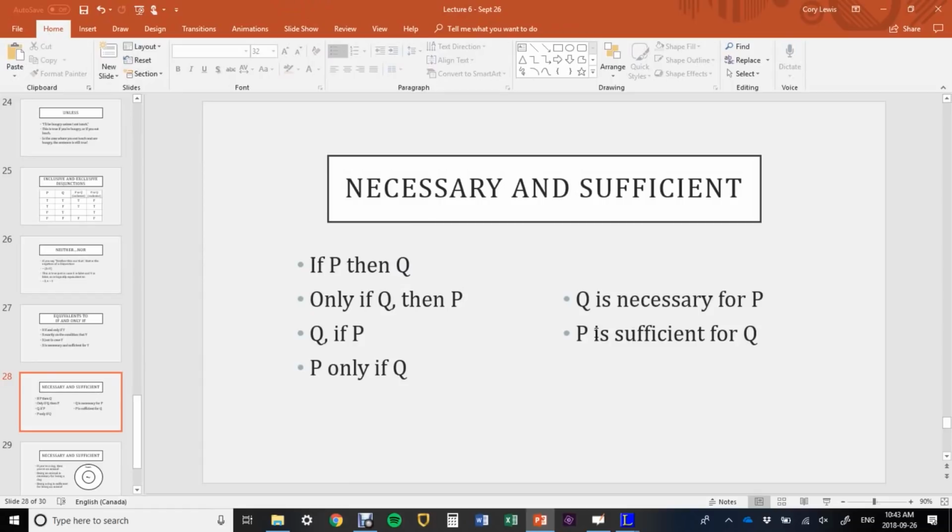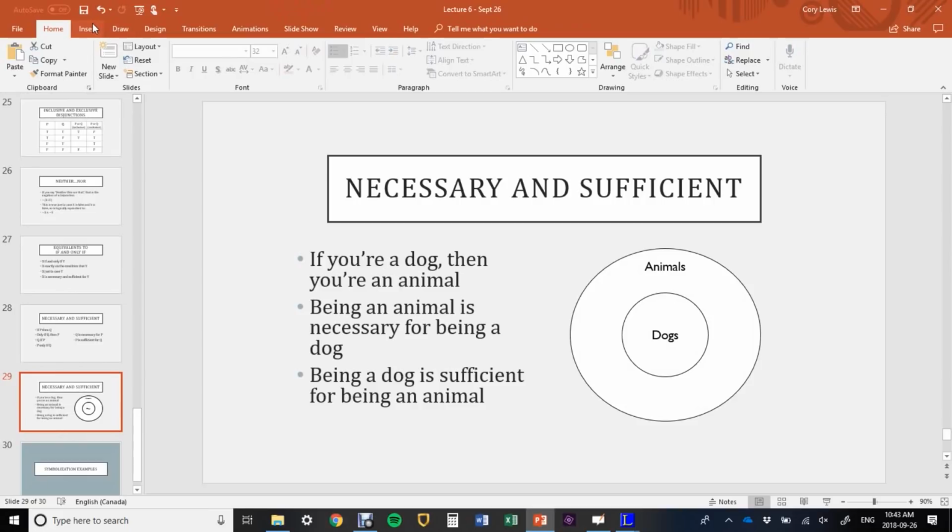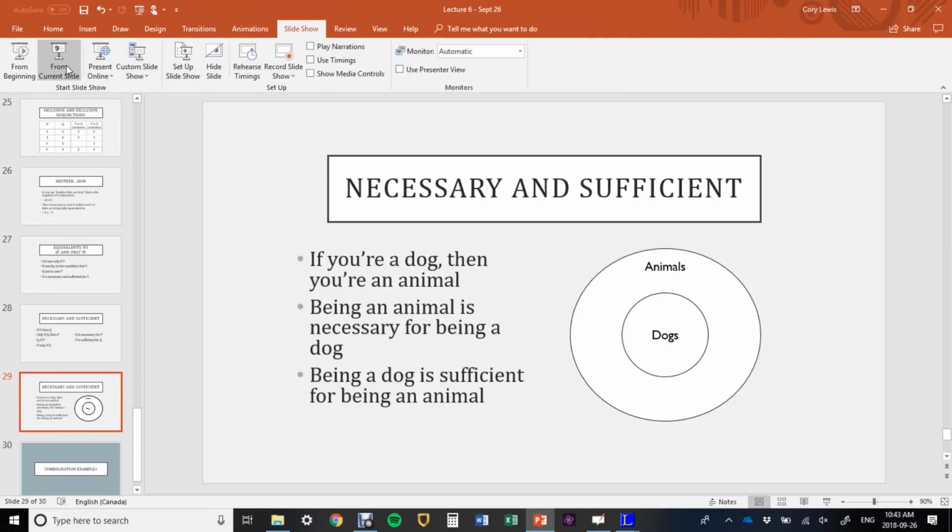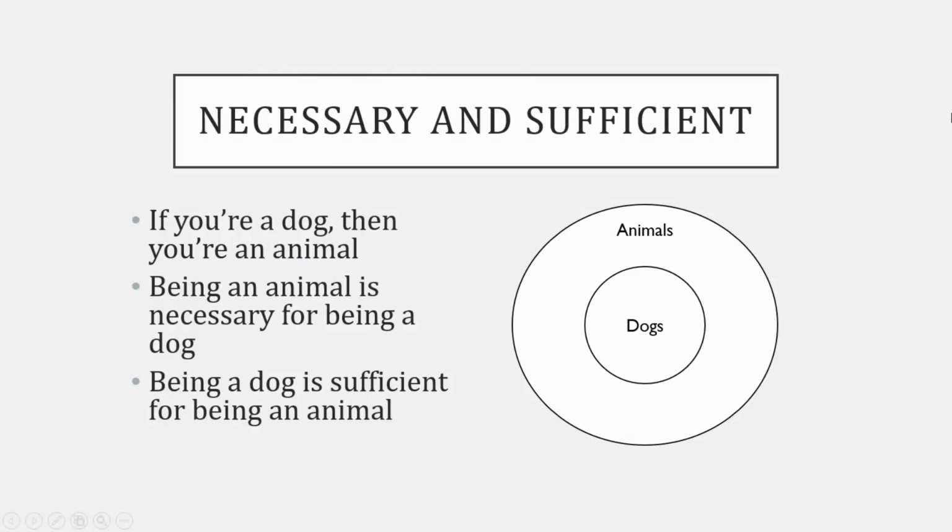P is sufficient for Q is if P then Q, which is exactly the same as saying Q is necessary for P. Do you see how they are flip sides of the same basic claim? If you're a dog, then you're an animal.